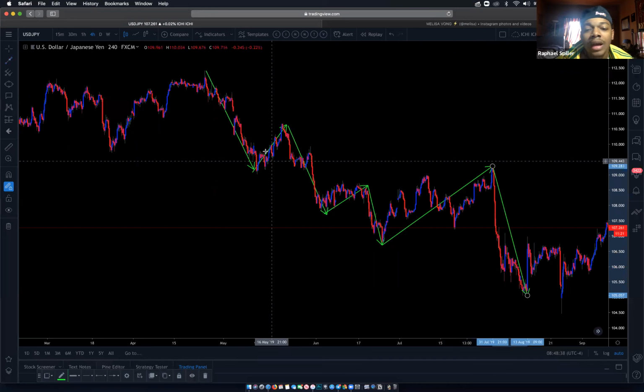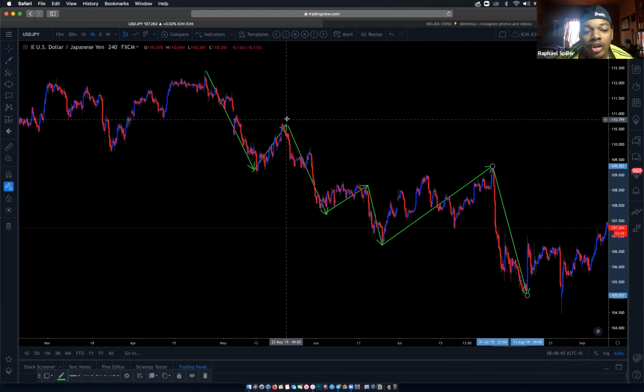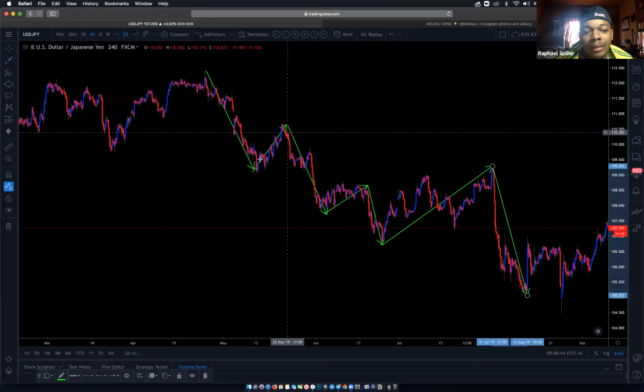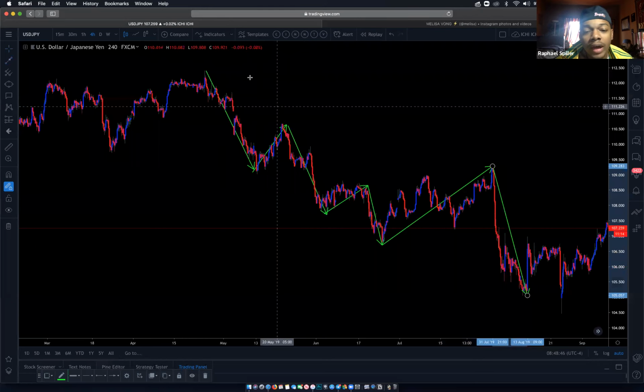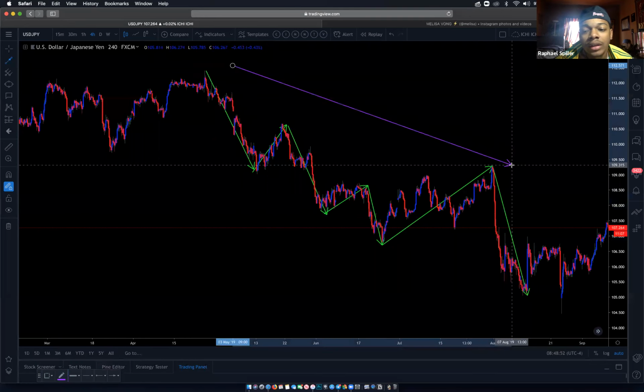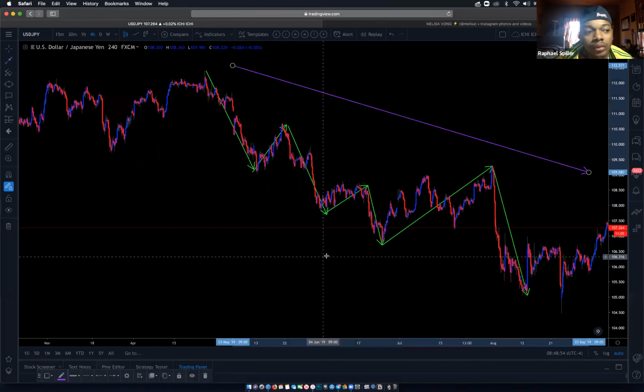Anytime it's against the current trend, if we're on a downtrend, anything against the downtrend would be the impulse.